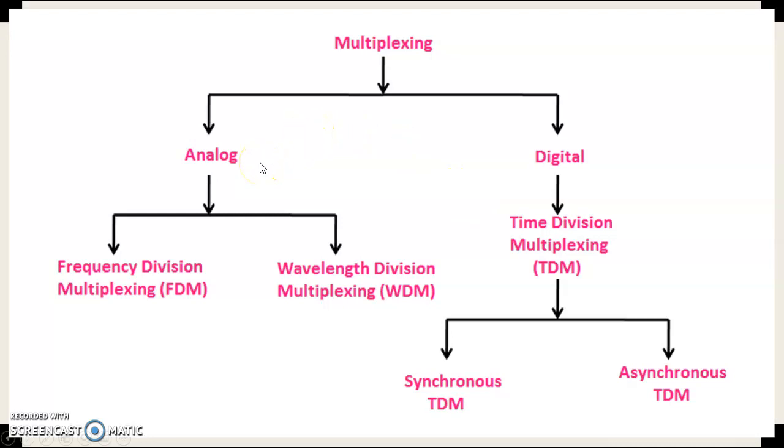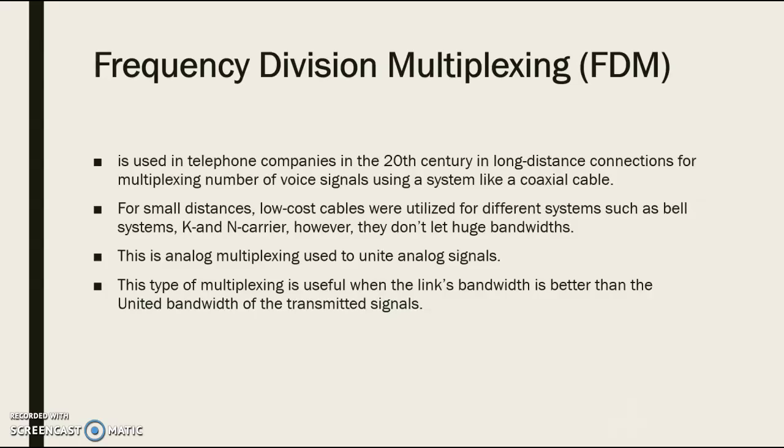On the left side, we have analog, and on the right side, we have digital. Under analog, we have FDM and WDM. On the digital side, we have TDM, and below that, we have synchronous and asynchronous TDM.